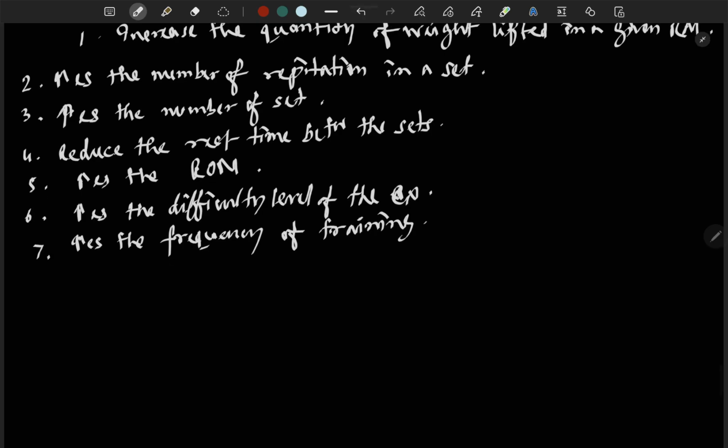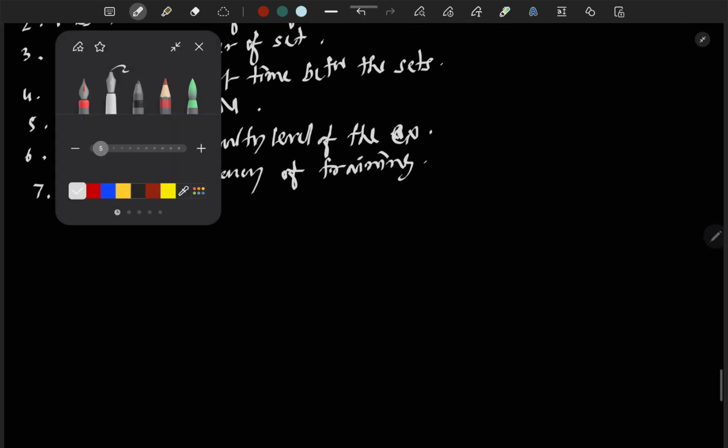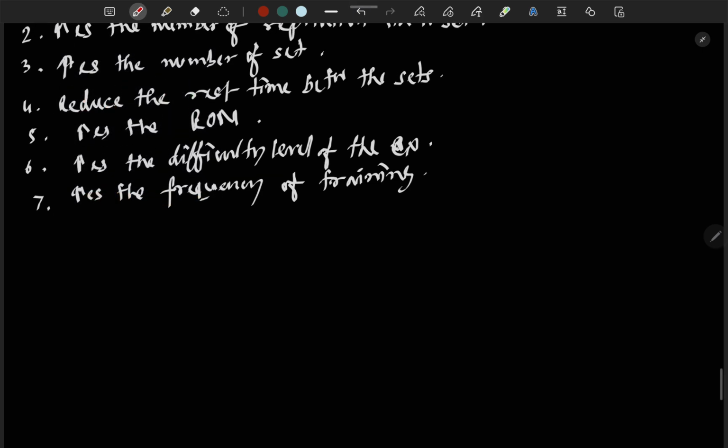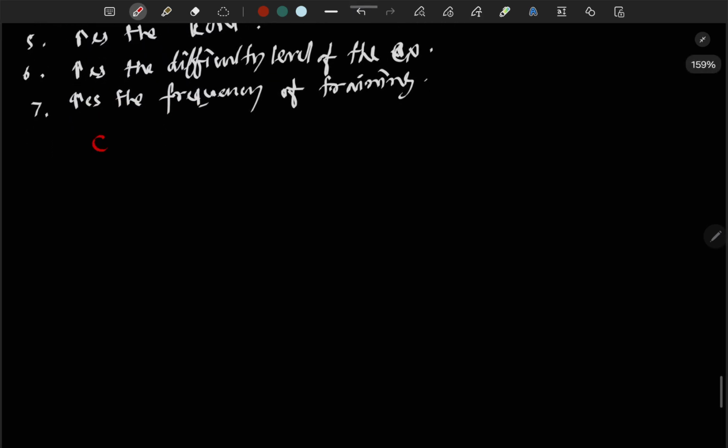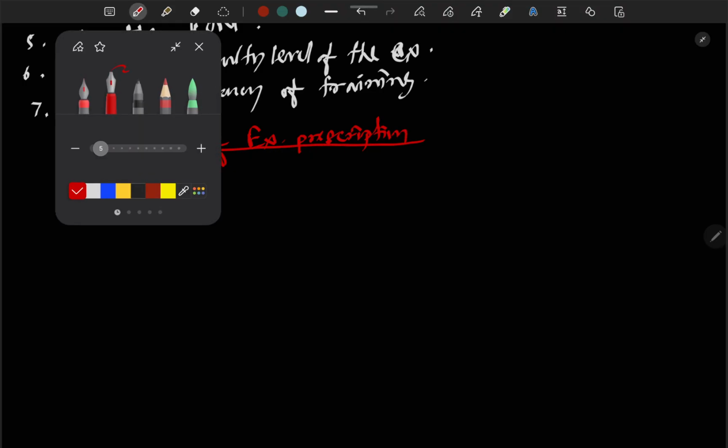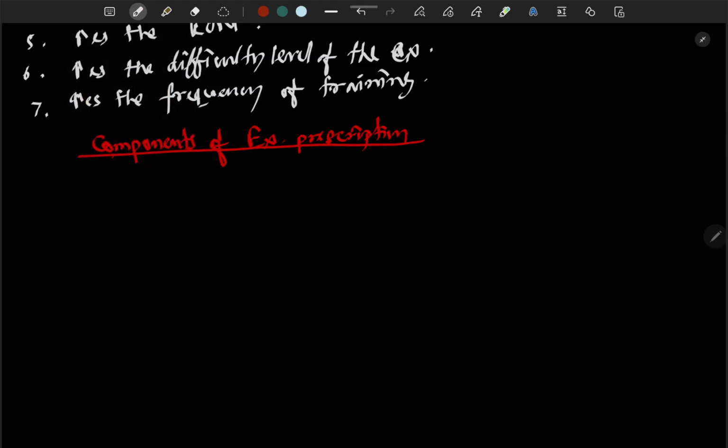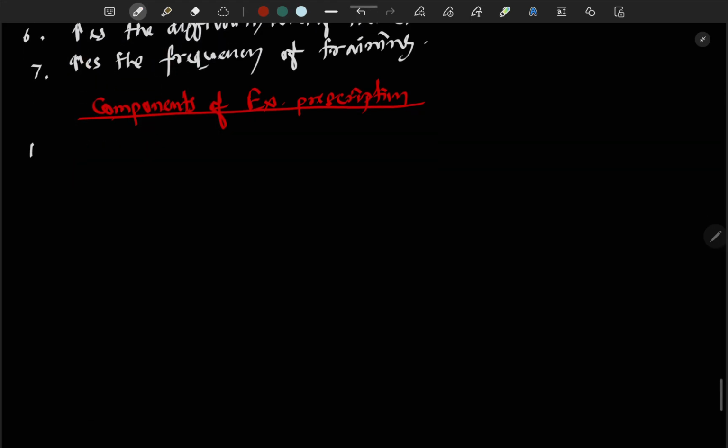Okay, next we'll go to the components of exercise prescription of progressive resisted exercise. Number 1 component is volume.